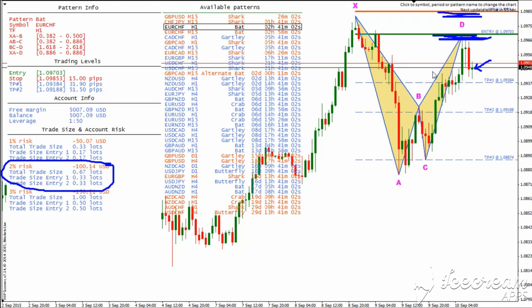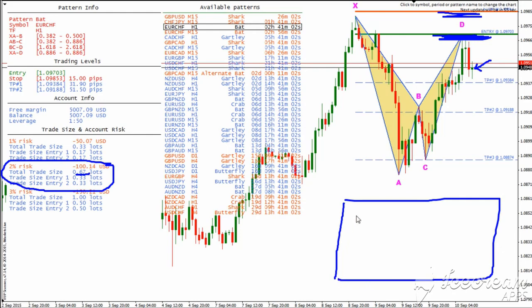So essentially you're eating up a little bit of margin. You're using 0.67 lots on 5,000, but right now you have no more risk, so you can go to the next trade. So if you look at your portfolio, you can have a list of trades. You could have the EUR, you can have the JPY, you can have the GBP, AUD.